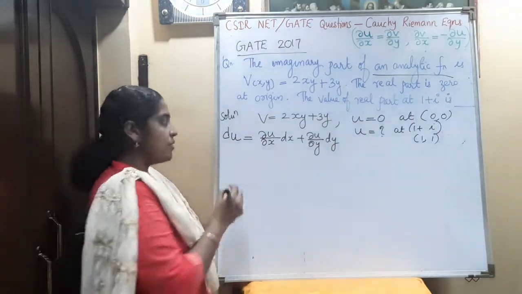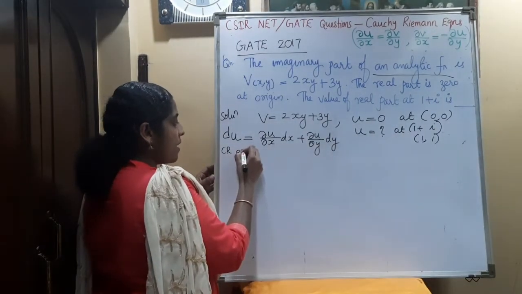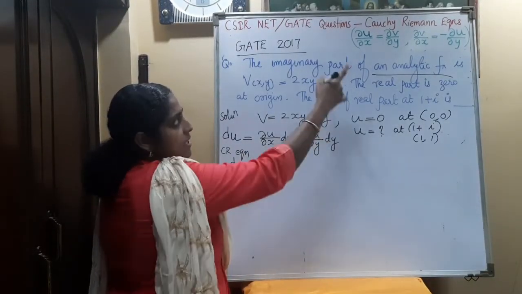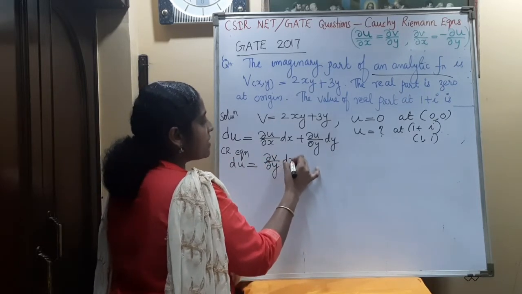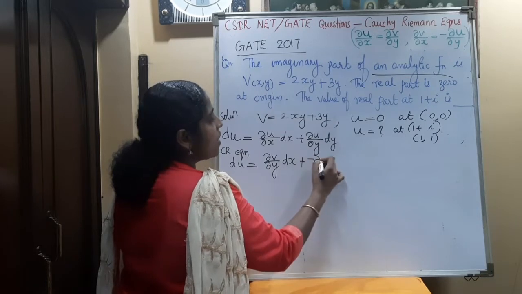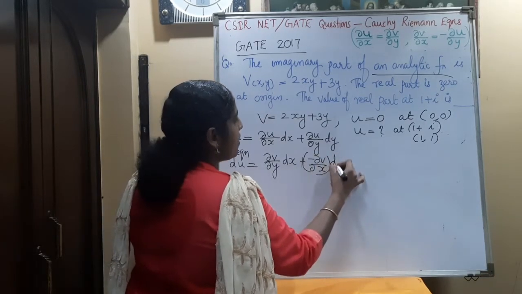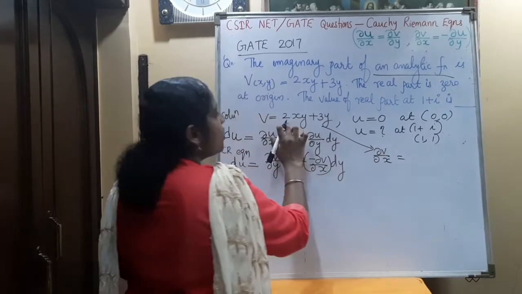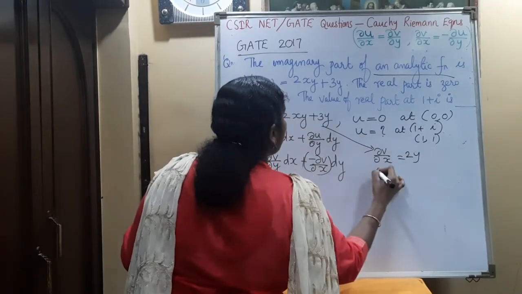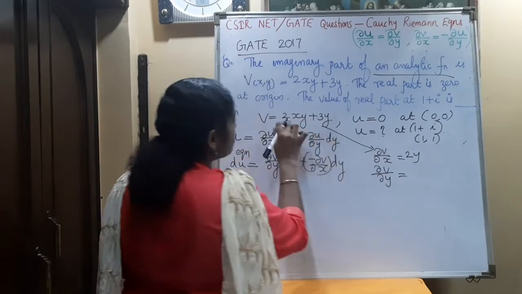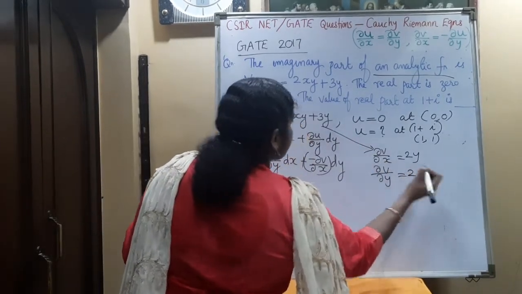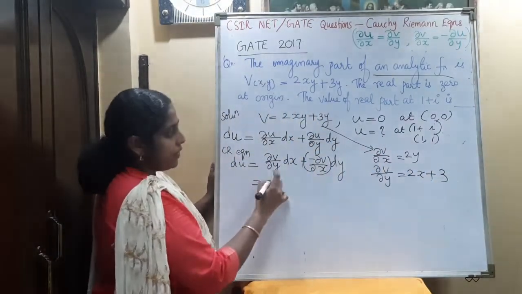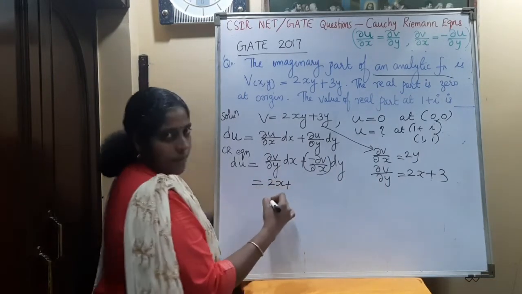Since the function is analytic, we can apply the Cauchy-Riemann equations: du is equal to ∂v/∂y dx plus minus ∂v/∂x dy. So ∂v/∂x is equal to 2y, and ∂v/∂y is equal to 2x plus 3.